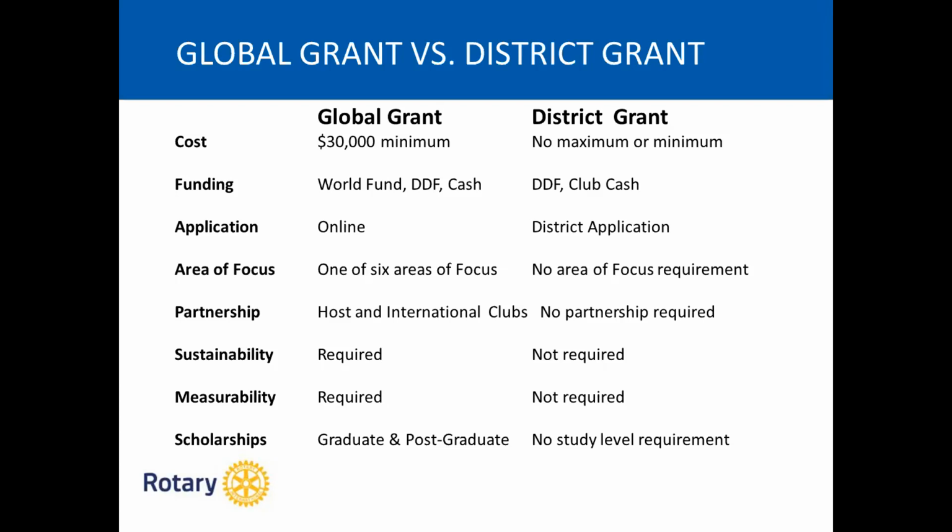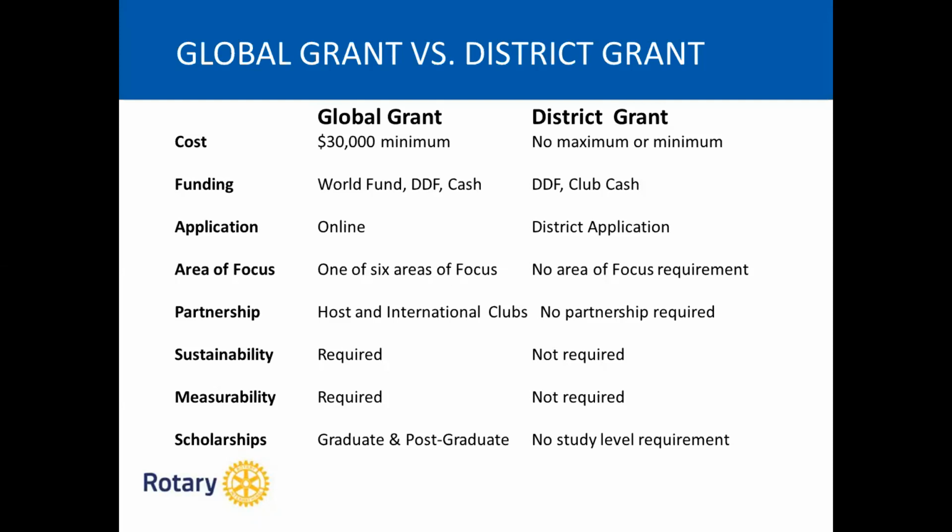How are they funded? As you see, for a district grant, there's no maximum or minimum unless it's established by our district. The global grant is funded through the World Fund, through district designated funds, and through cash. The district grant is only funded through DDF and club cash. The application for the global grant is made online at rotary.org. For the district grant, the clubs will be filling out an application which you find at rotary-d5000.org.